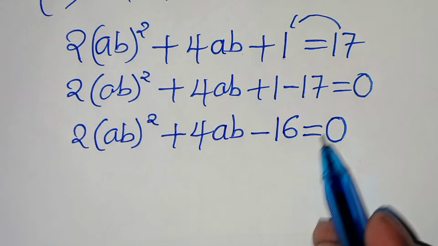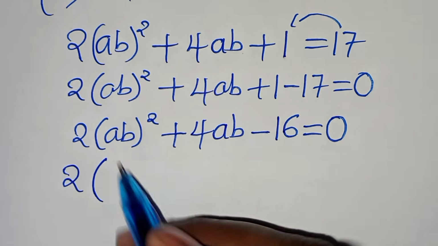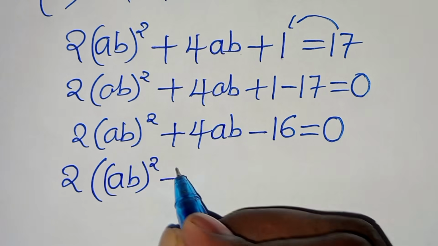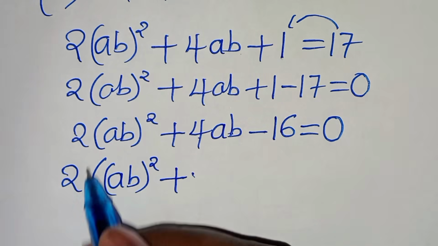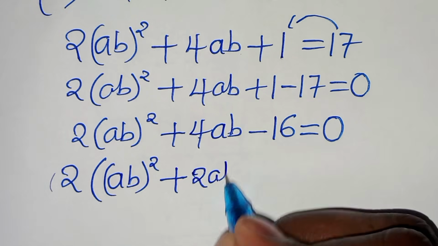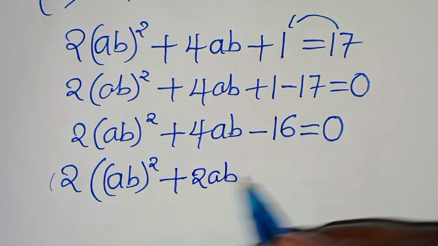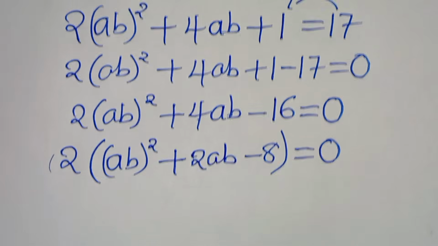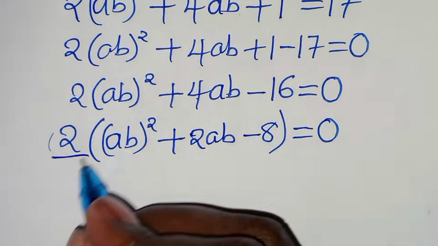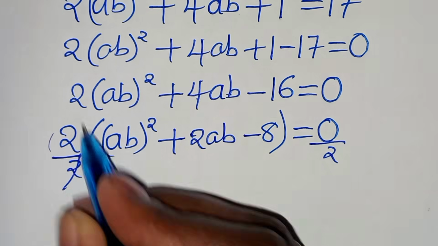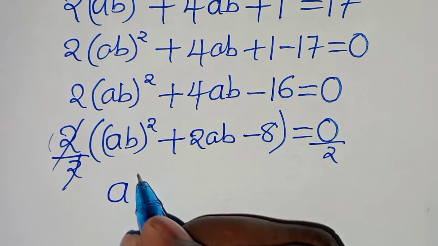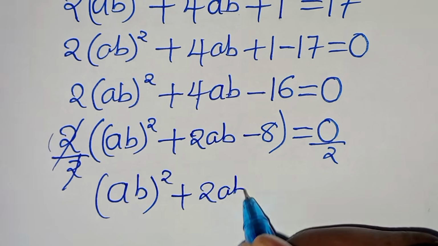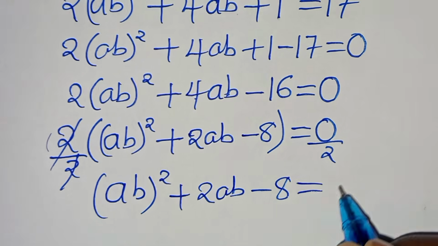Now, 2 is common here, so we can factor out 2 into the parentheses: (ab)^2, then plus 4ab divided by 2, which is 2ab, minus 16 divided by 2, which is minus 8. This is equal to 0. So we can divide both sides by 2, and this means that we have (ab)^2 plus 2ab minus 8 equal to 0.